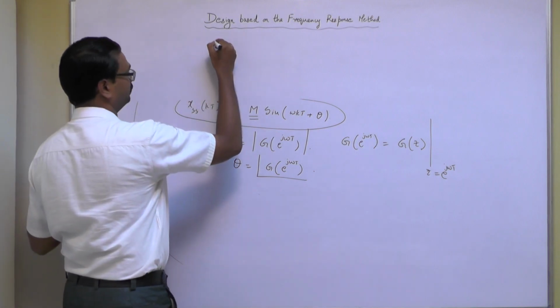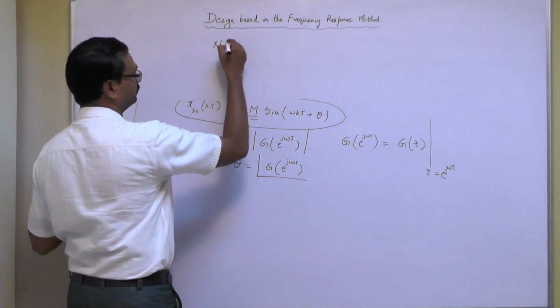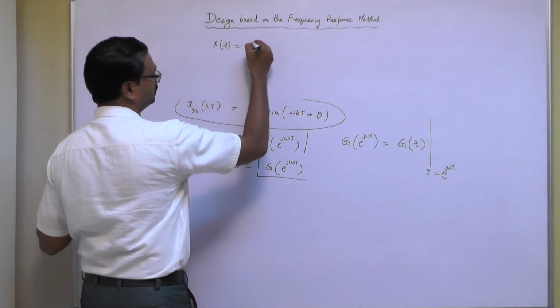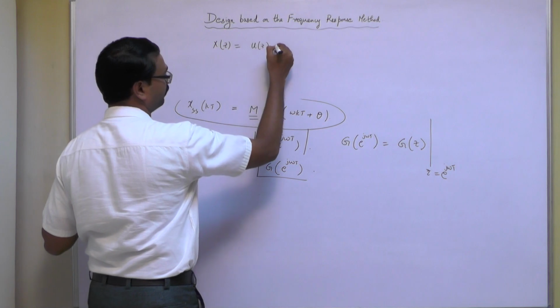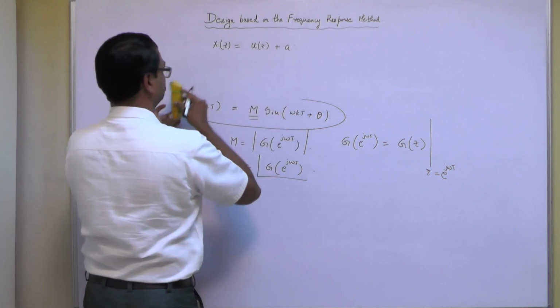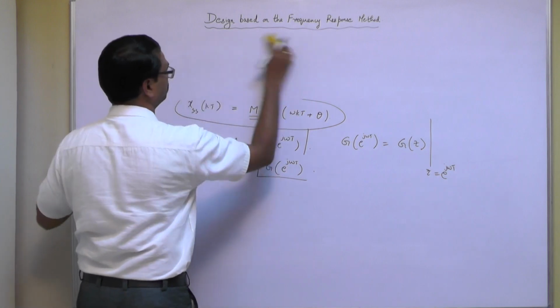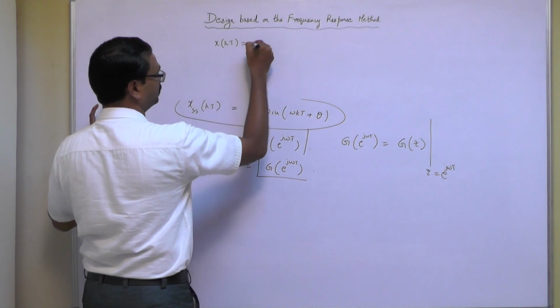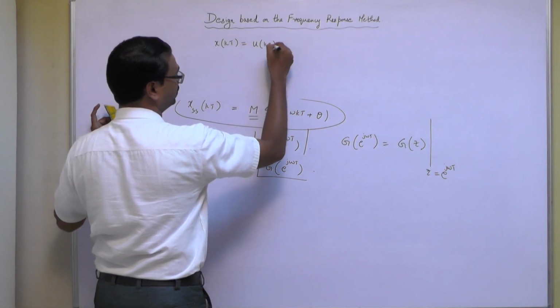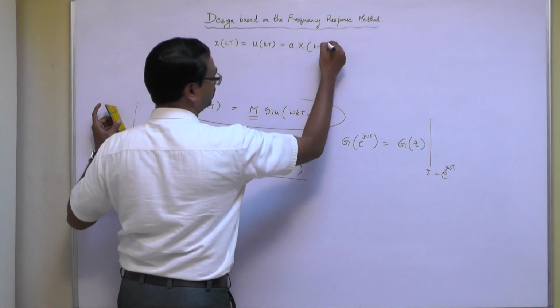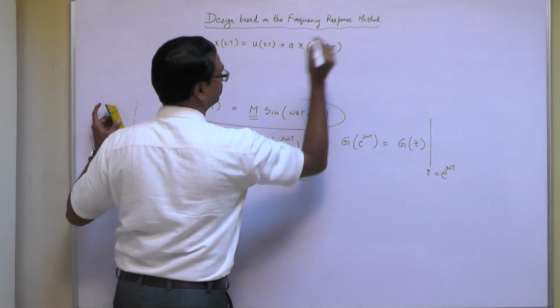Let us say we are having x of z is equal to u of z plus a x of kt is equal to u of kt plus a x of k minus 1 t.